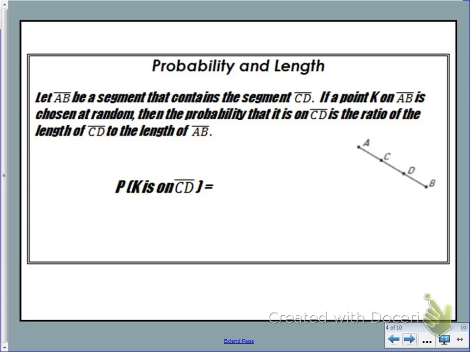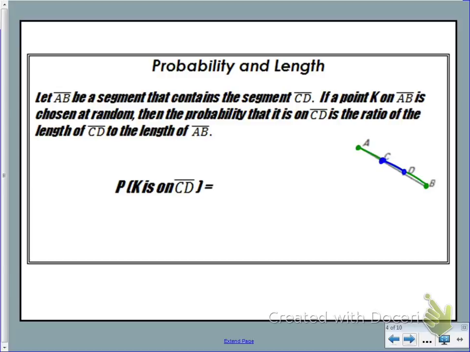So it says let AB be a segment that contains the segment CD. So here's our picture. We have segment AB, and then segment CD is a part of that original segment. If a point K is on AB and is chosen at random, then the probability that it is on CD is the ratio of the length of CD to the length of AB.